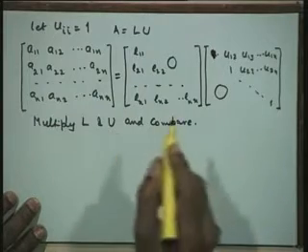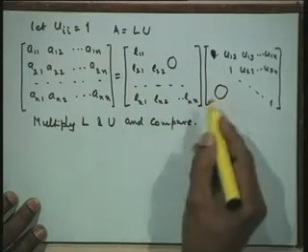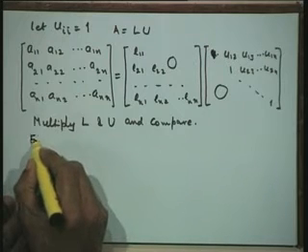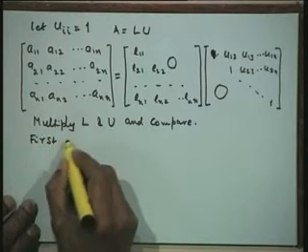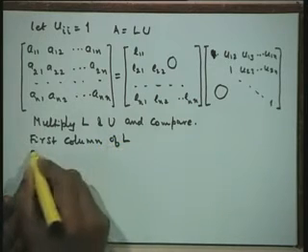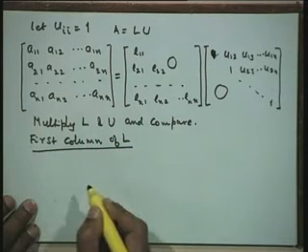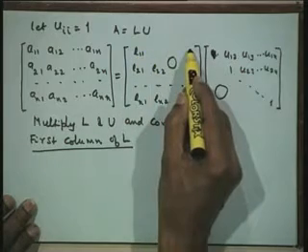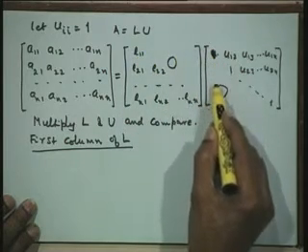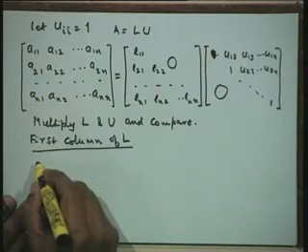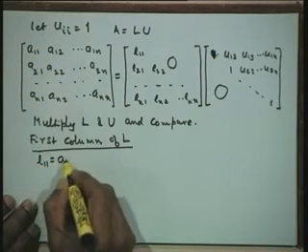Interestingly, we can find these elements of L and U in a particular sequence. We can first determine all the elements in the first column of L. Now, we multiply the first row of L with the first column of U, that is simply L11. So, L11 is equal to A11.